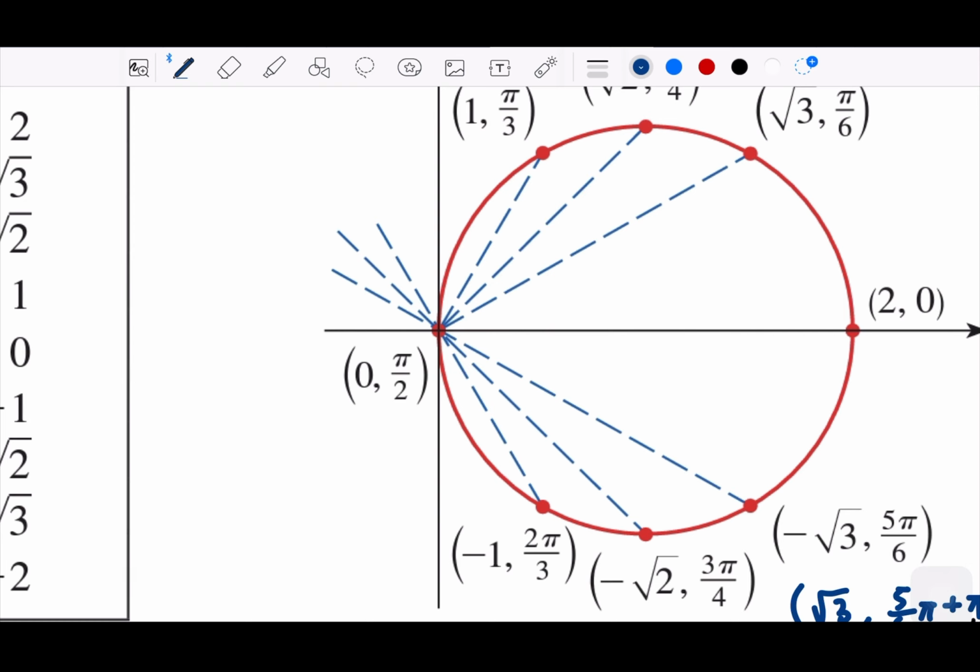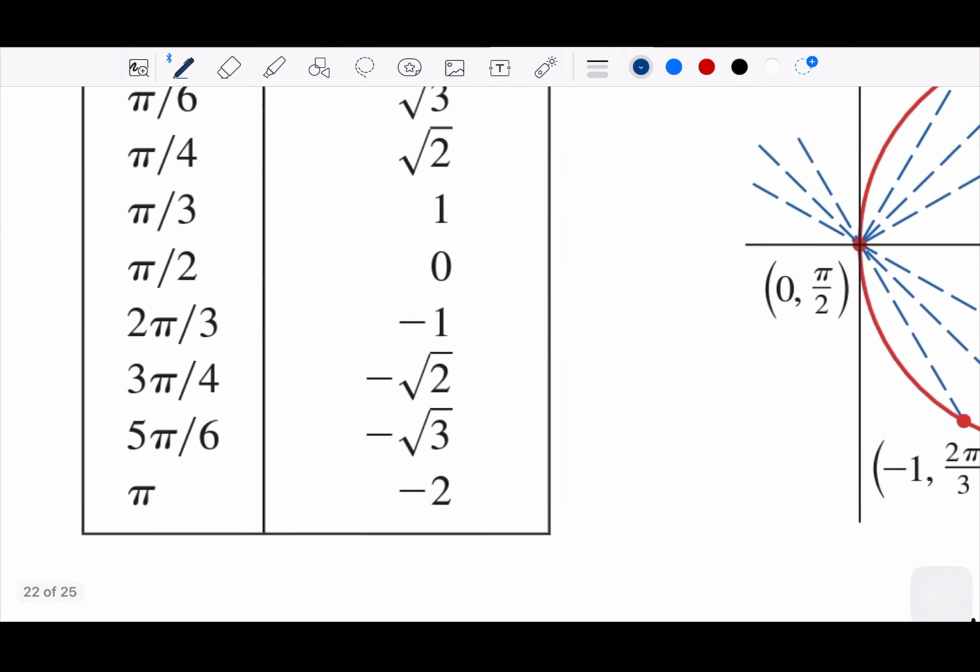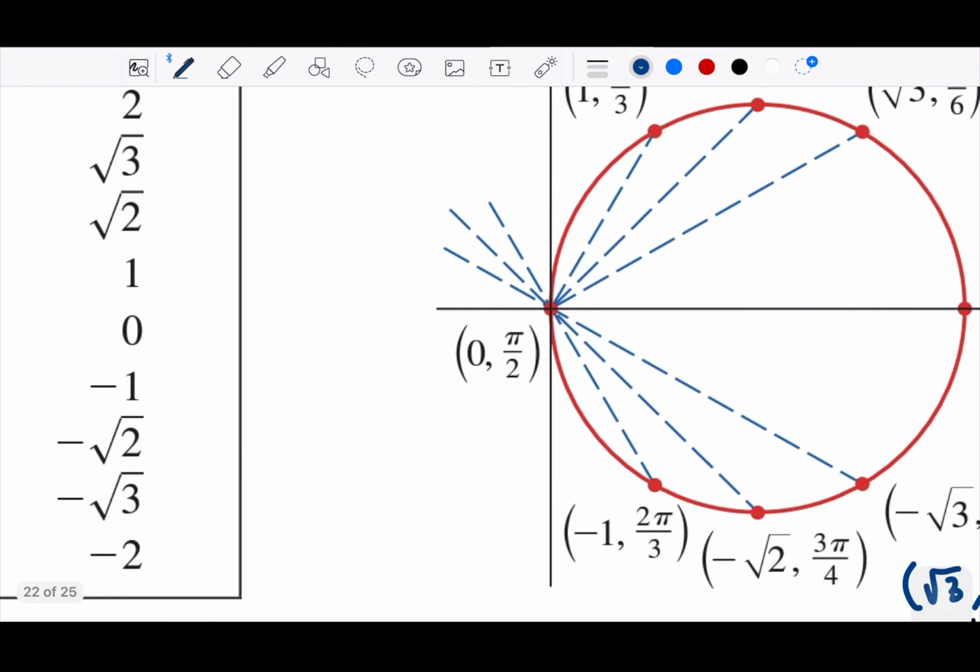Okay, so we move here, and in this exact position, this is pi over 2, right? But cosine of pi over 2 is 0. That's why it's going to be 0 here. But after pi over 2, we have another angle. It's 2 pi over 3.